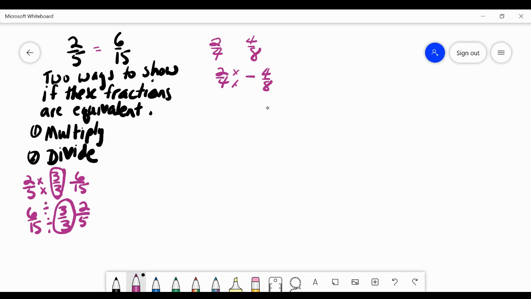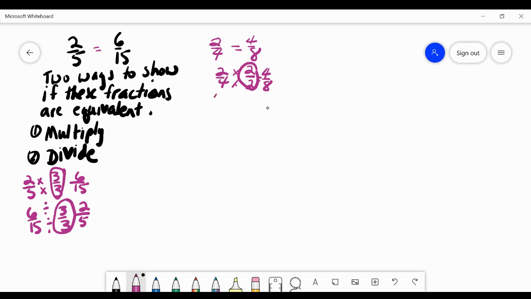So 2 times 2 is 4. Let's see if 4 times 2 is 8. Yes, 4 times 2 is 8. So yes, they're equivalent. Remember, the fraction you're multiplying by has to be equivalent to 1 whole.